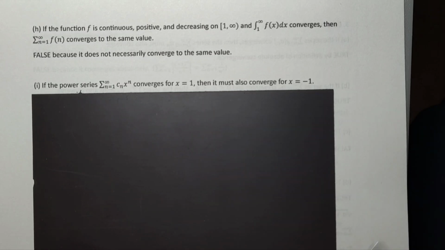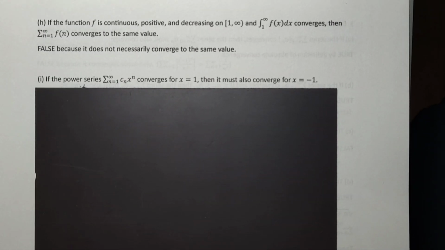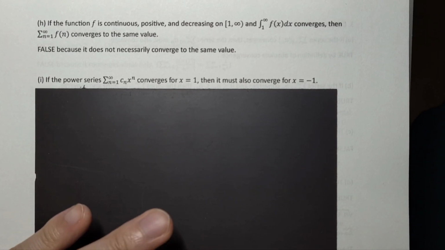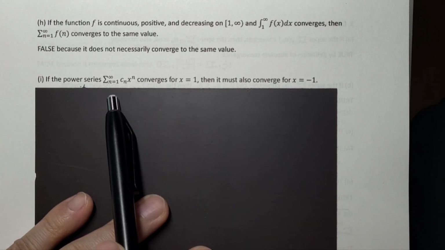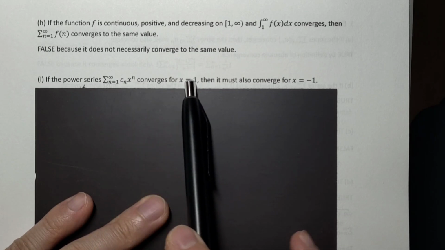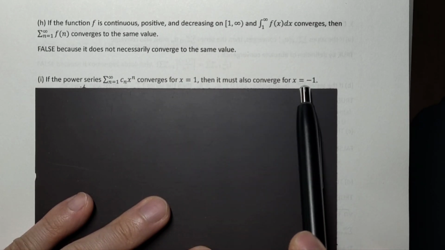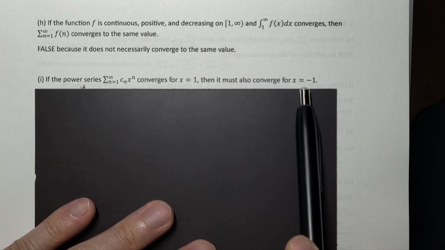Remember when you're finding the interval of convergence, you have to check the endpoints, and hopefully you've seen some problems where one endpoint sometimes works and the other doesn't. So, with that experience and knowledge, we can already say that this is false. It could converge at this endpoint, but it could diverge at the other endpoint.